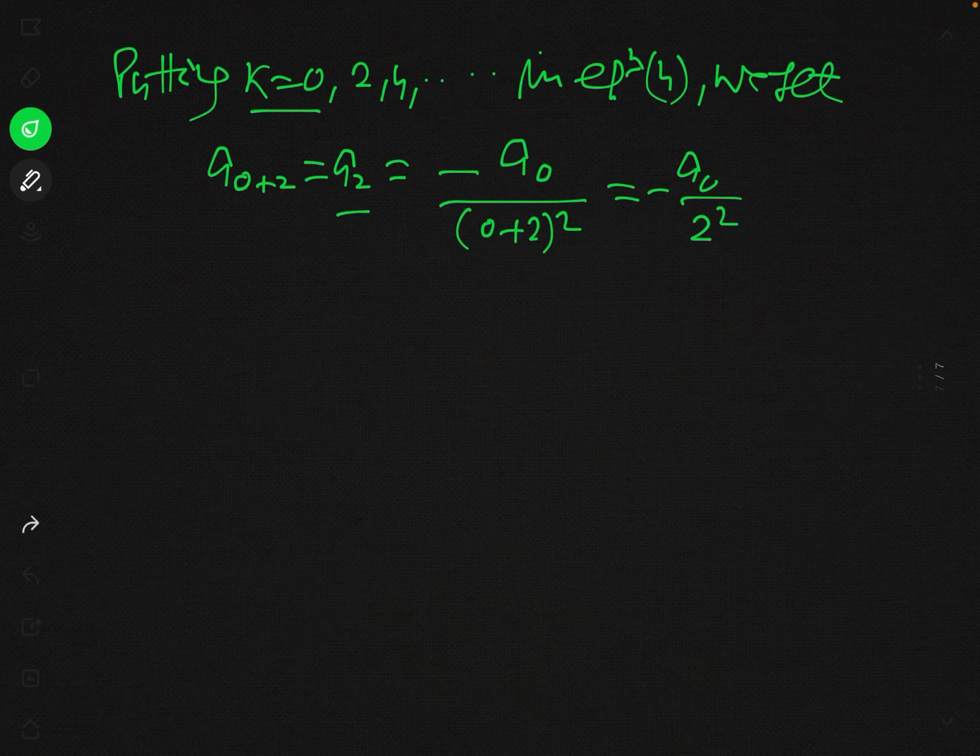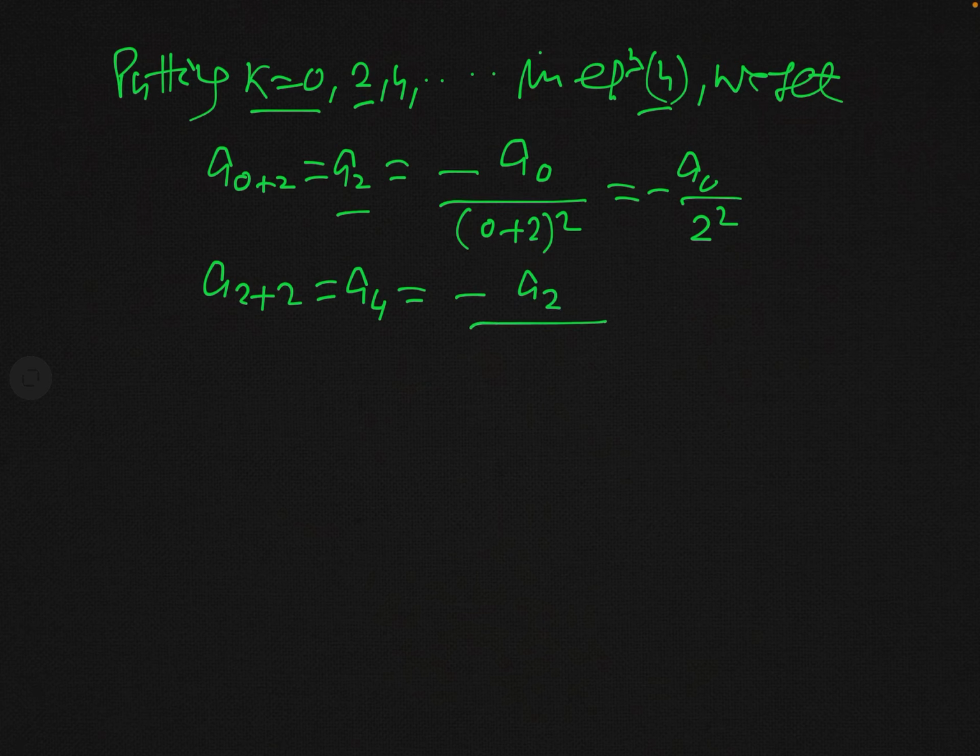Now let us put k equal to 2 in equation 4. So you can see this will be a2 plus 2, that is a4, and a4 will be what? Here is ak, but we have taken k equal to 2, so this will be a2 divided by k plus 2 whole square. K is 2, so this is simply 2 plus 2 whole square.